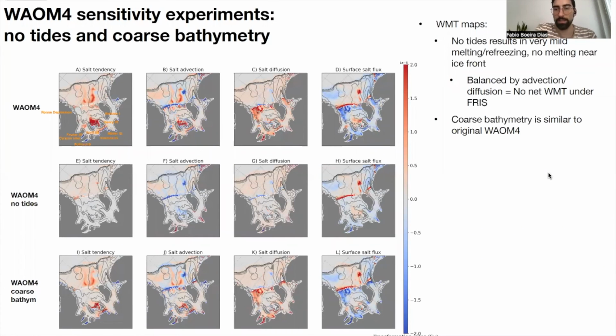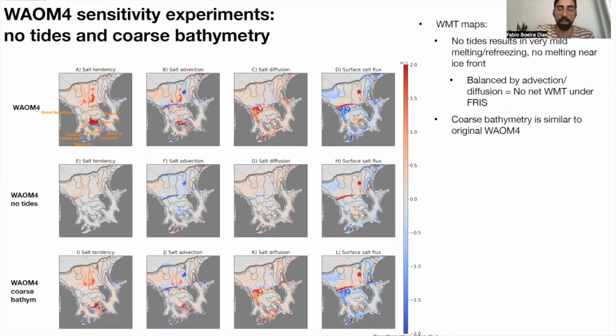Last, we investigate the sensitivity of this result to the tidal forcing and the bathymetry resolution by using the 4 kilometer version, a no-tide experiment, and an experiment with a 10 kilometer resolution bathymetry.